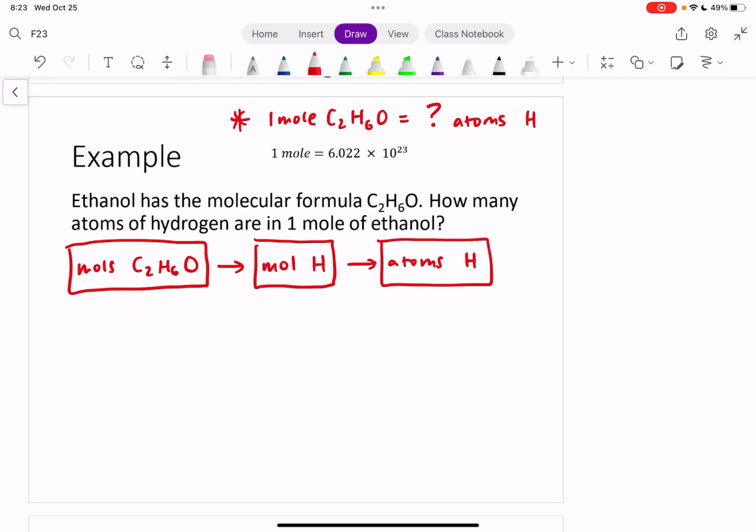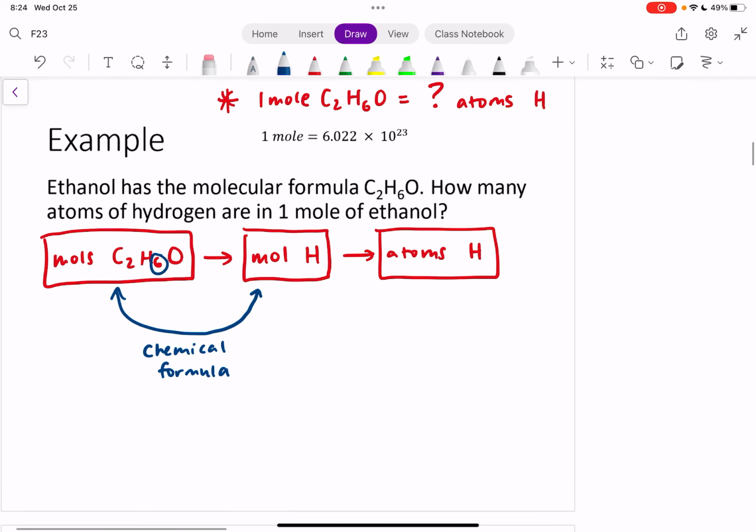Now, how are we going to get from one step to the next? Well, to get from here to here, I can use my chemical formula. The chemical formula tells me how many moles of hydrogen are in 1 mole of C2H6O. How many moles of hydrogen? 6, because of this subscript here.